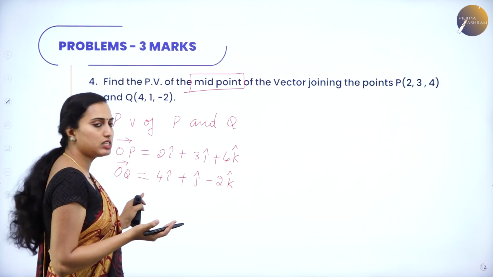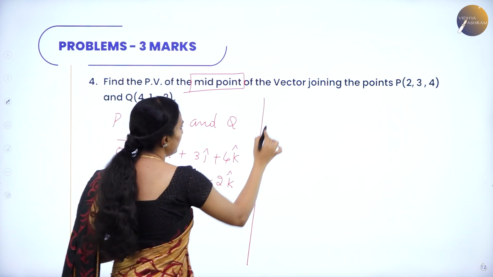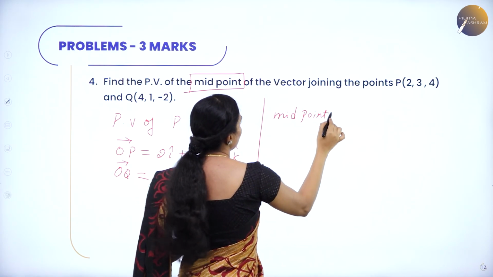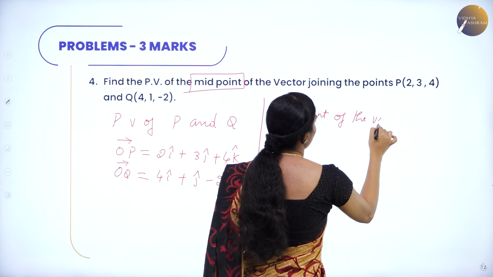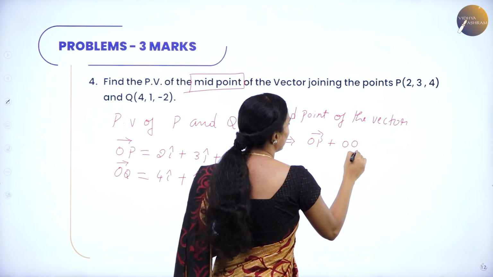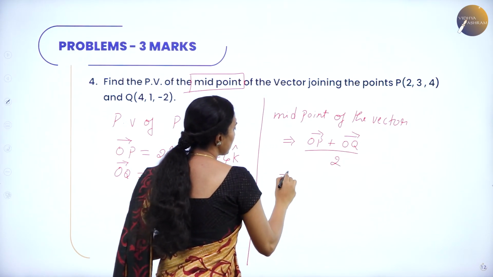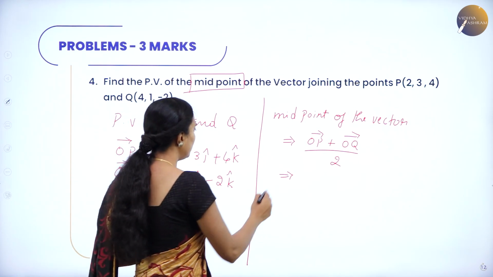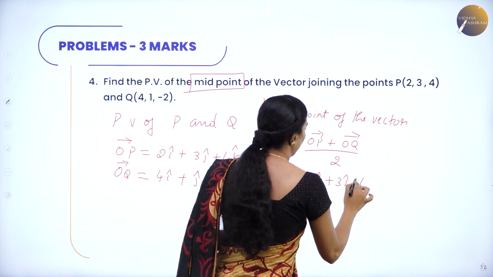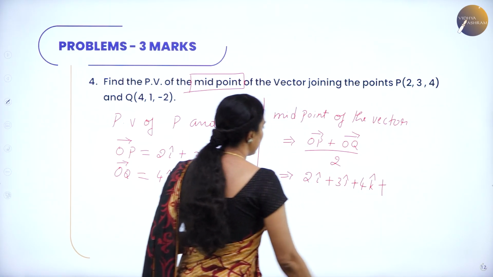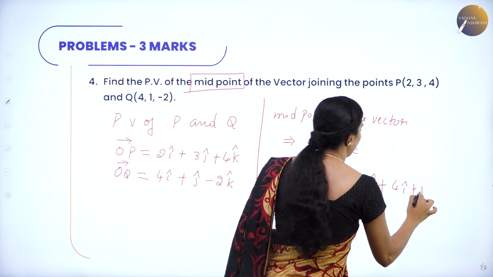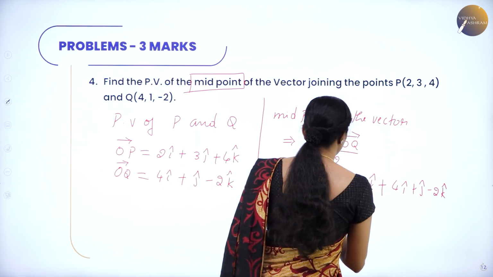The midpoint of the vector is OP vector plus OQ vector divided by 2. So that is 2i plus 3j plus 4k plus 4i plus j minus 2k cap, divided by 2.